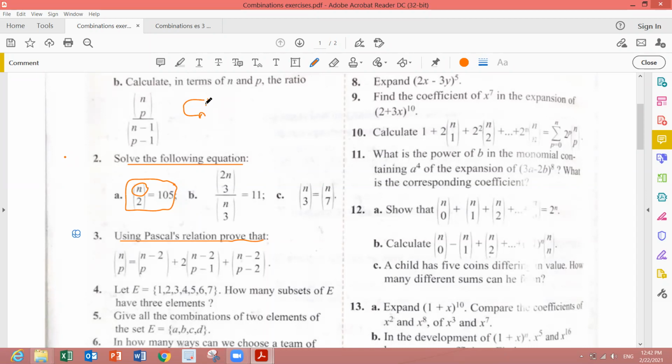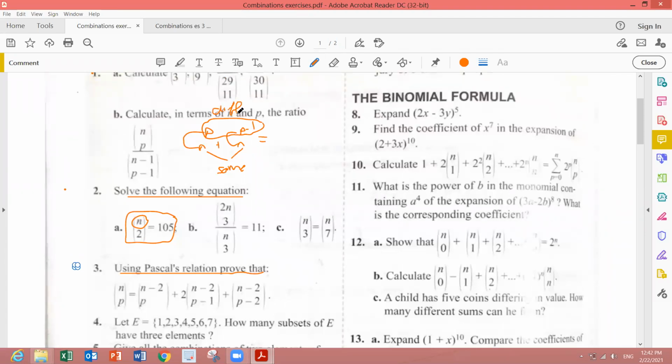if we are adding two combinations, the bottom numbers are the same, and the upper numbers differ by 1, then it will be a combination.